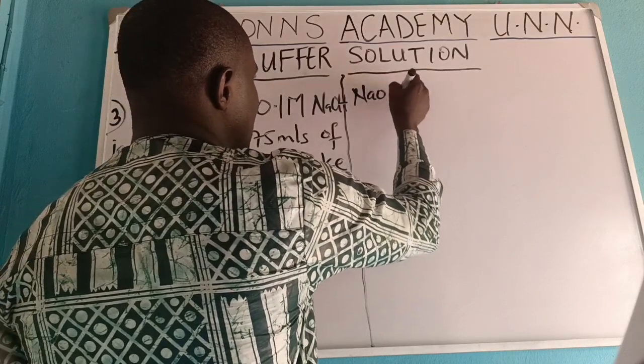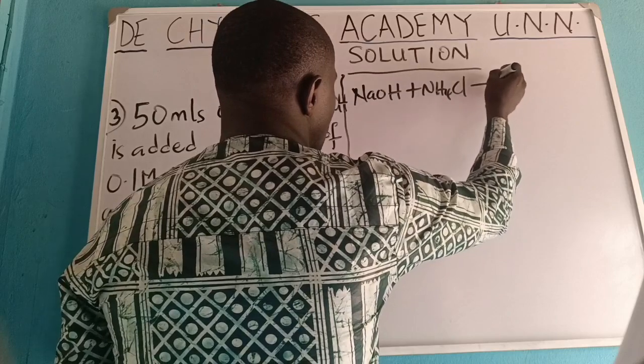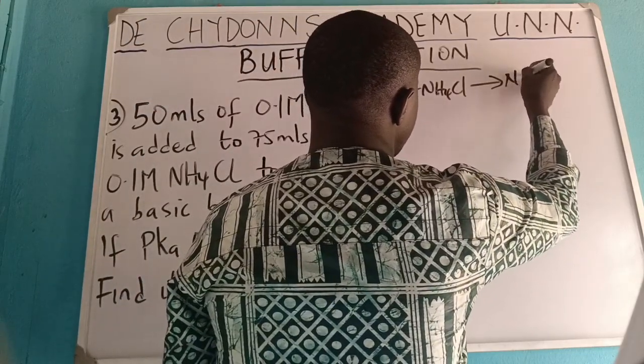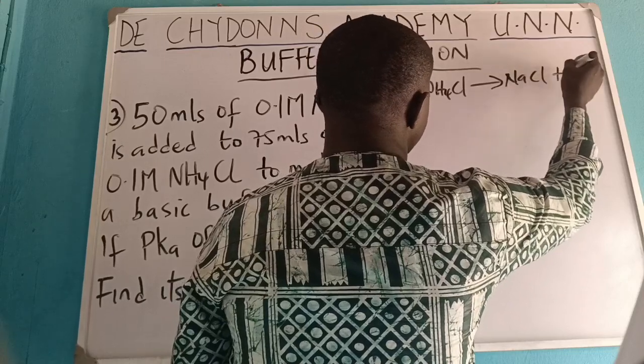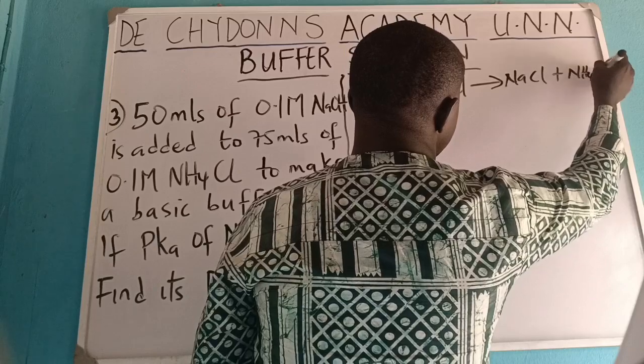And so, let's see how it goes. Sodium hydroxide plus ammonium chloride will be giving you sodium chloride plus ammonium hydroxide.